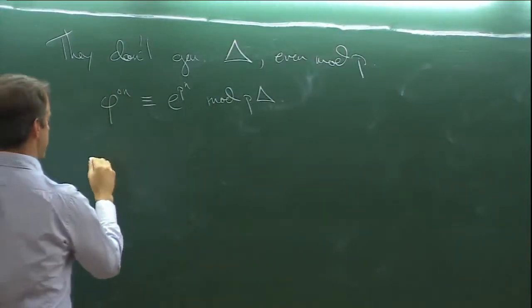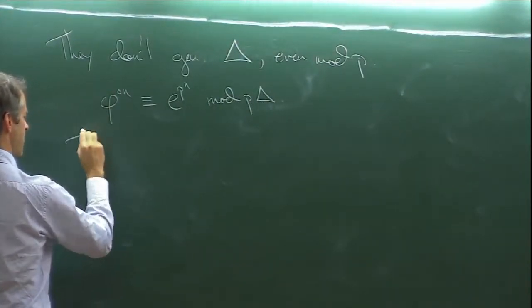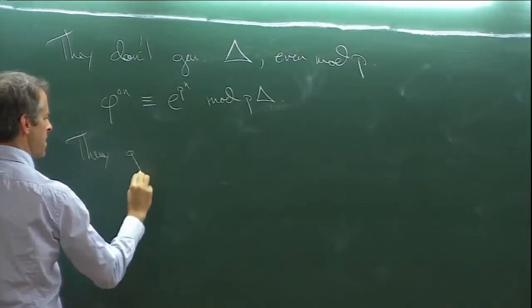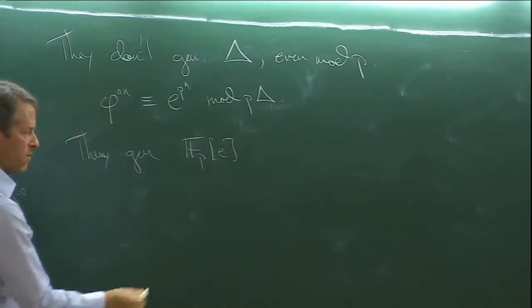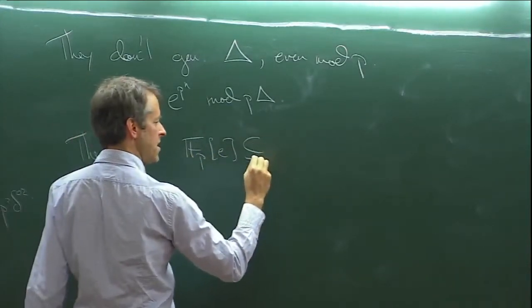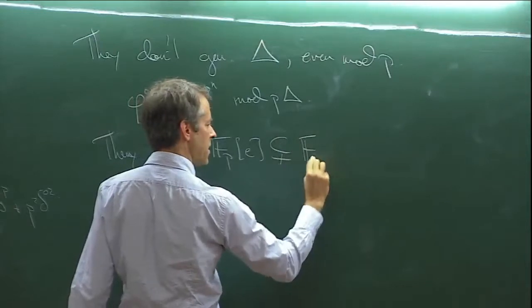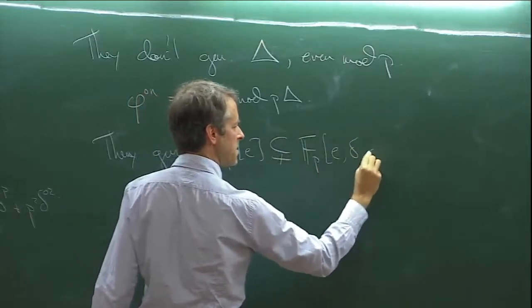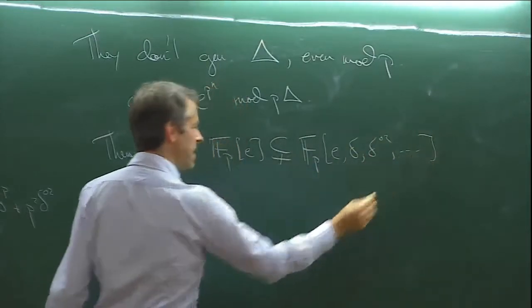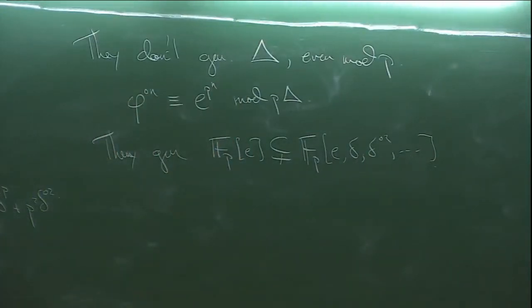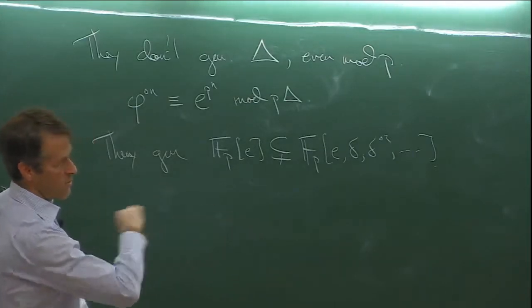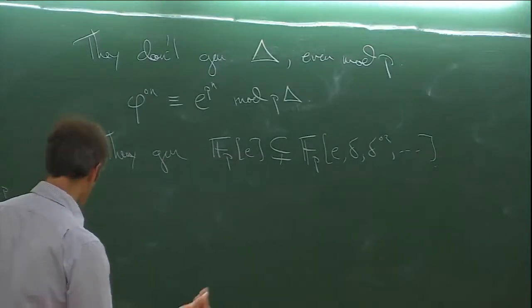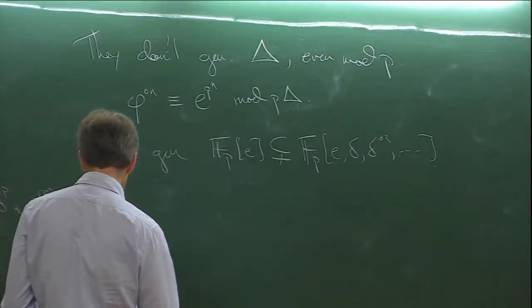So therefore in FP, they all lie in this polynomial ring in one generator, modulo p, which is much smaller than the polynomial ring in infinitely many generators. So they certainly don't generate it, but we can still proceed as if they did, and we can define what would be these coordinates. They just won't be a very good system of coordinates for some purposes.